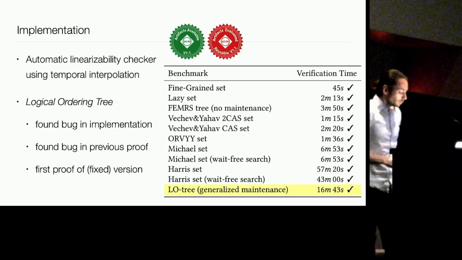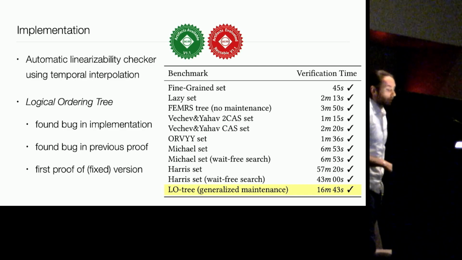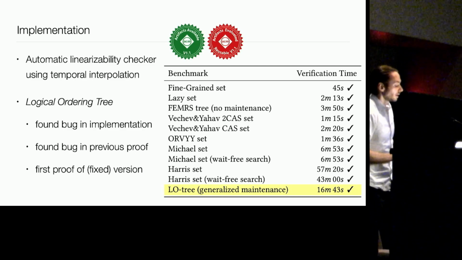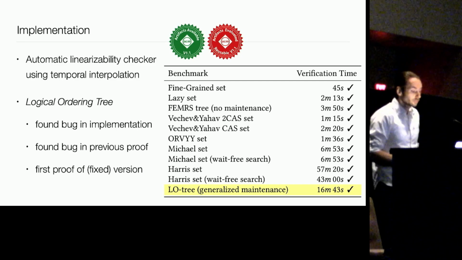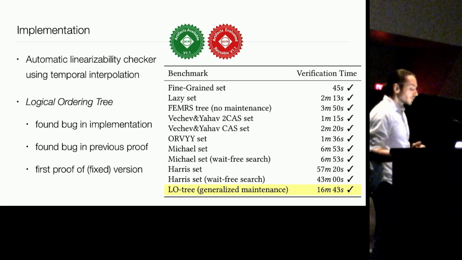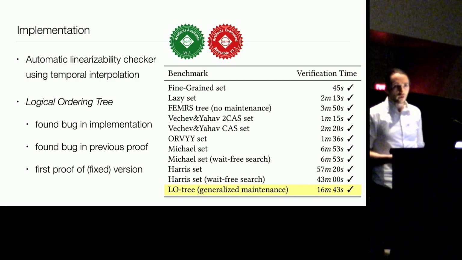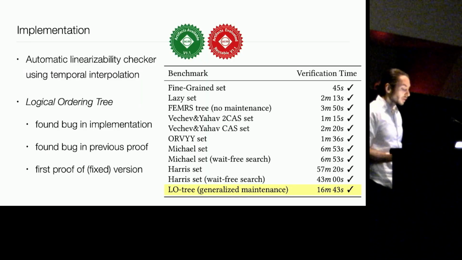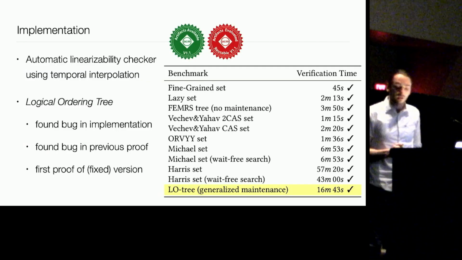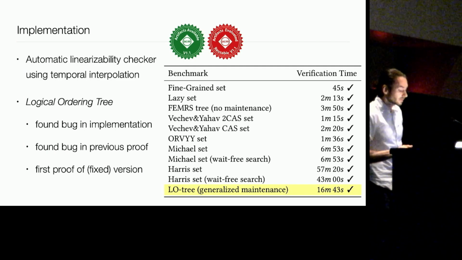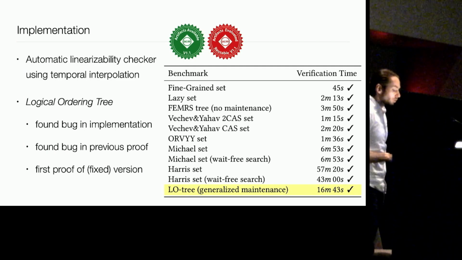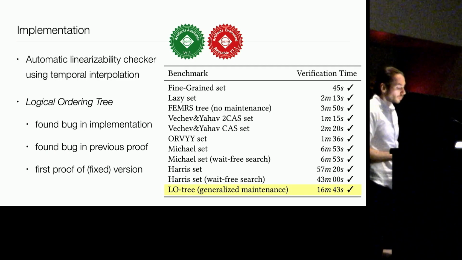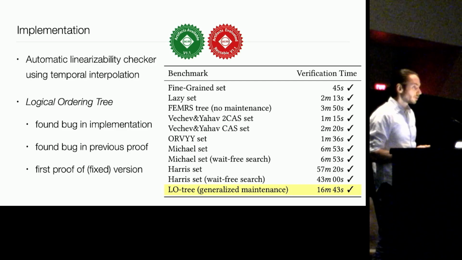And all of that we implemented in a tool that automatically checks concurrent data structures for linearizability, and it uses temporal interpolation to deal with non-fixed linearization points. And you can see our benchmark set on the right-hand side of this slide. I want to turn your attention to the last row here, the logical ordering tree.